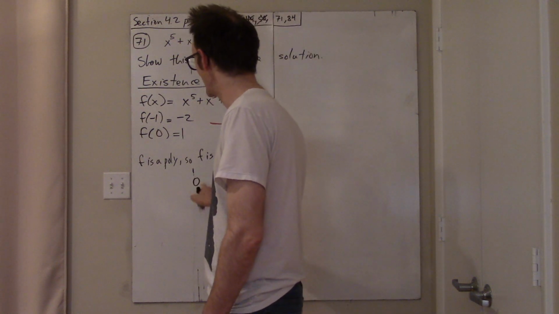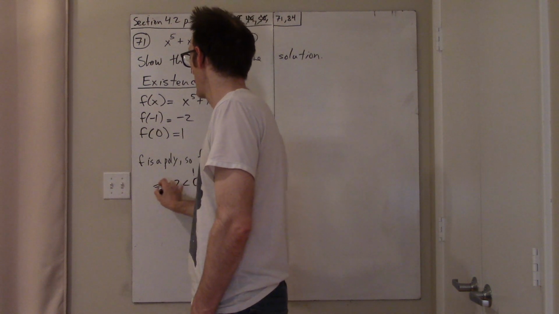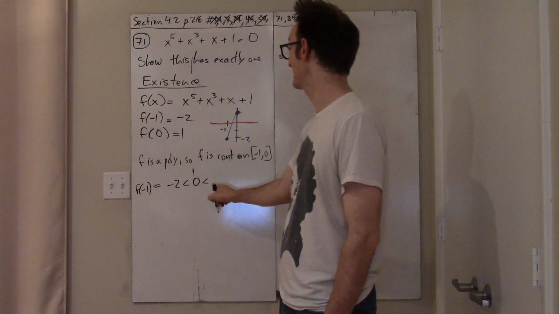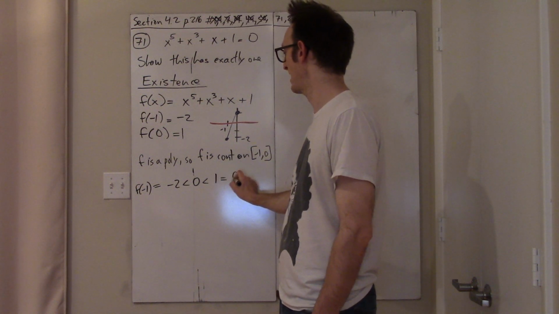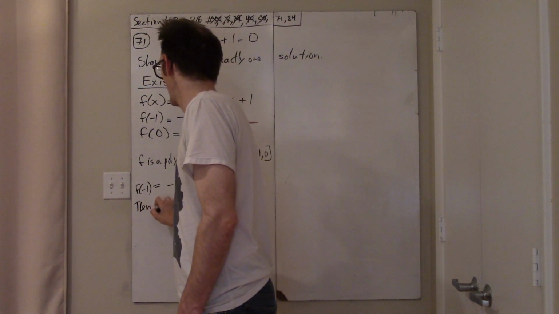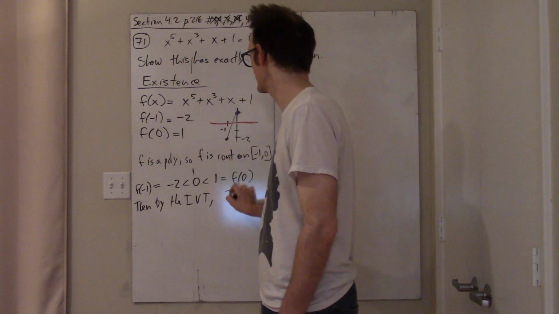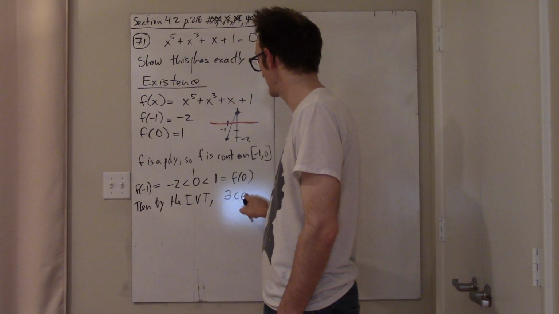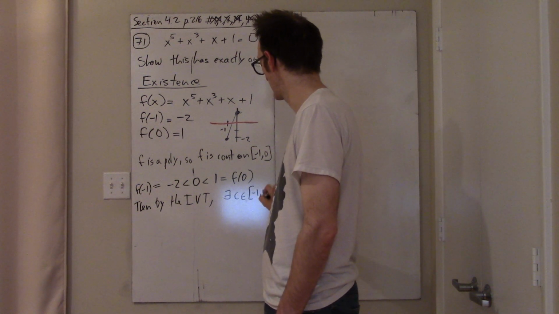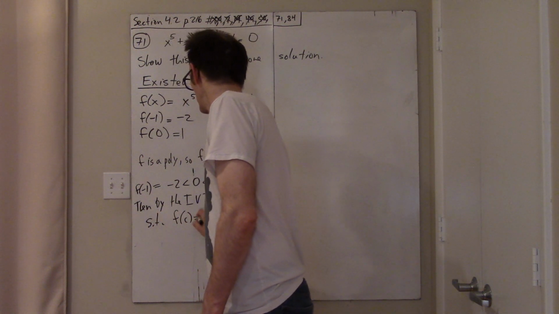And if you give me some y value like 0 that happens to be between negative 2, which is the value of f at negative 1, and 1, which is the value of f at 0, then by the intermediate value theorem, there must exist a c on the interval negative 1, 0, such that f of c is 0.